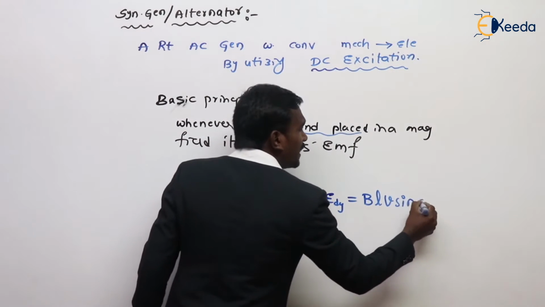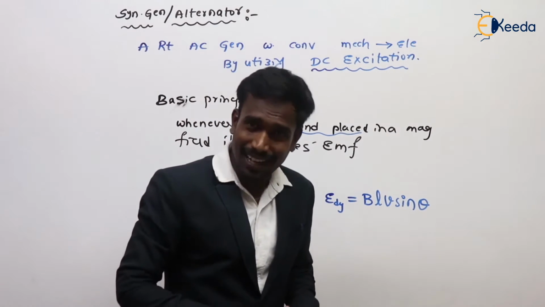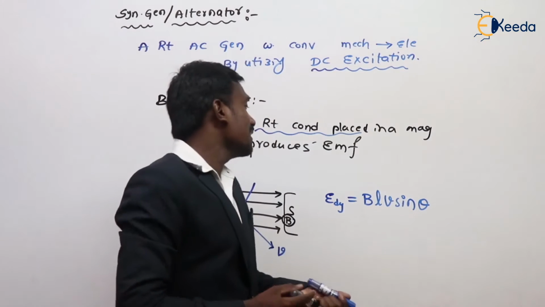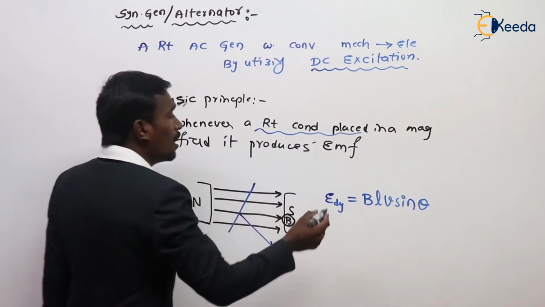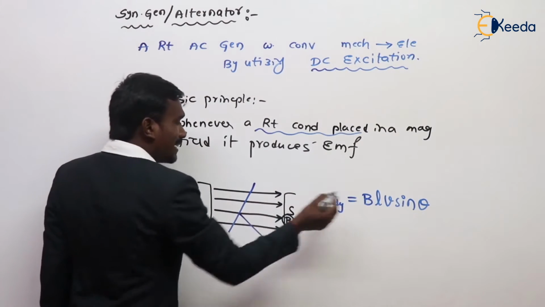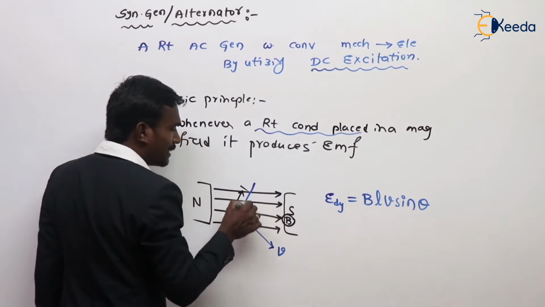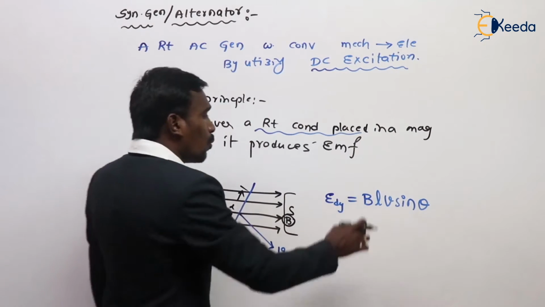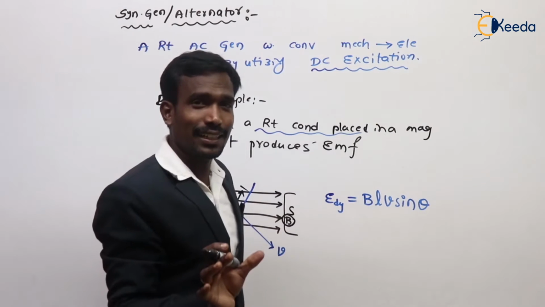BLV sine theta according to Faraday's law. According to Faraday's law, E is equal to BLV sine theta, where B is the flux density, where L is the active length of my conductor, where V is the velocity of my conductor.